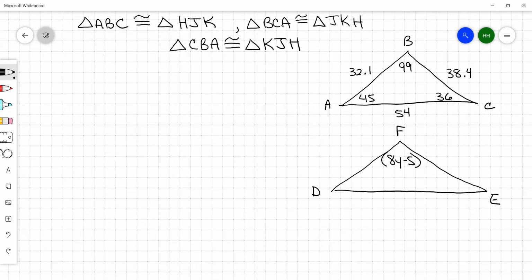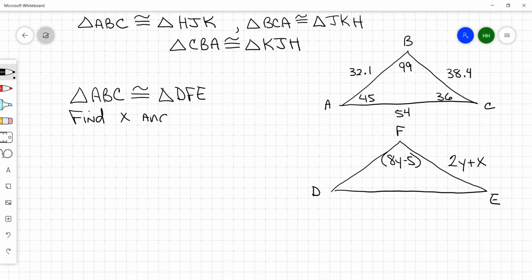And side FE is 2y plus x. And you're told that triangle ABC is congruent to triangle DFE, and you have to find x and y.